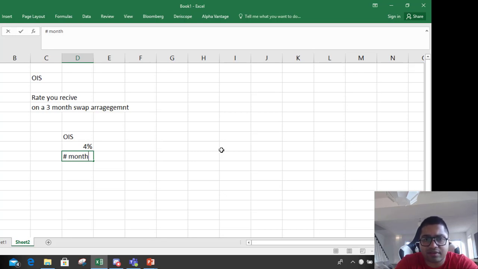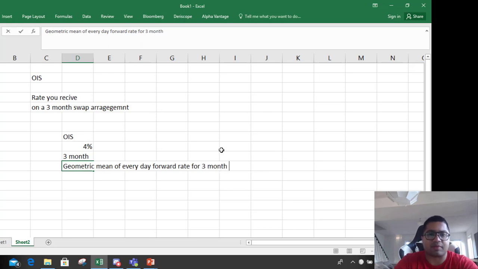So what is this 4%? How did I get this 4%? This 4% is achieved by the geometric mean of every day's forward rate for 3 months.